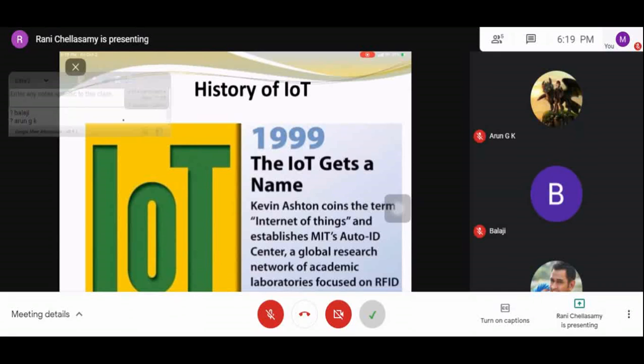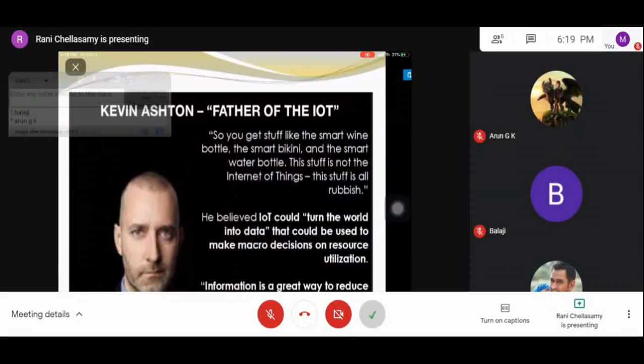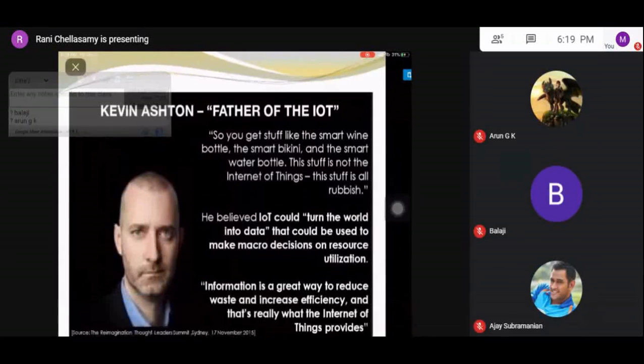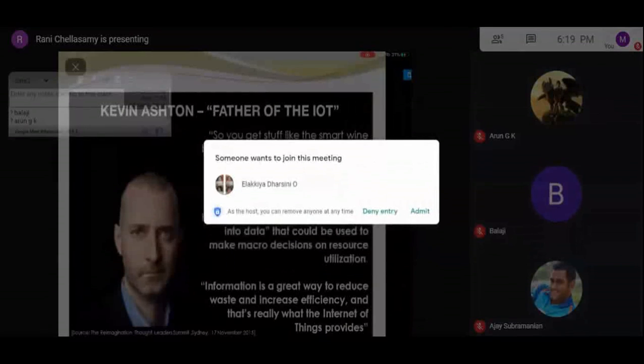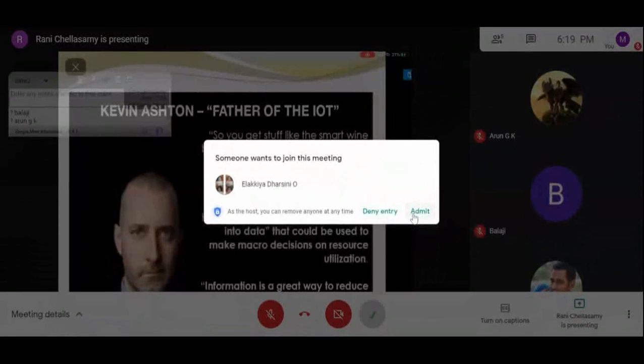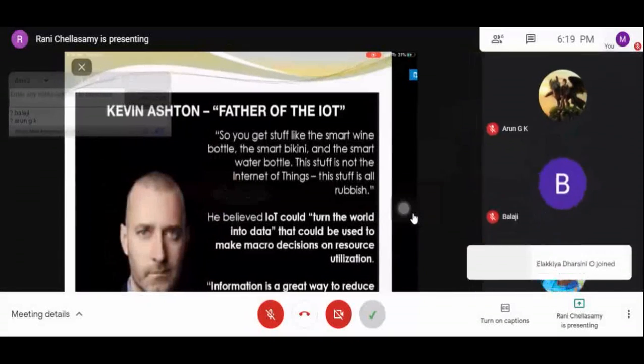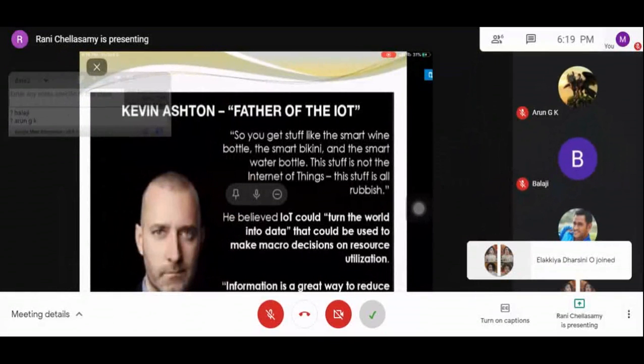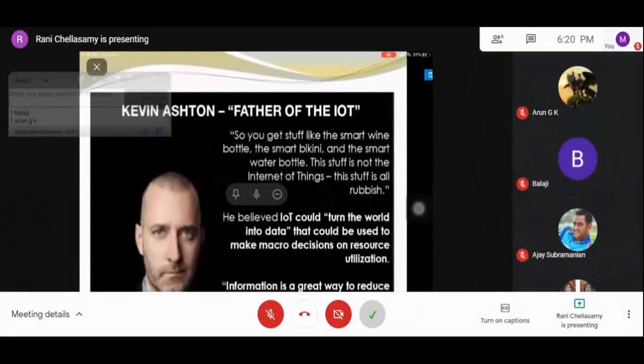We call Kevin Ashton the father of the Internet of Things. He believed that the IoT would turn the world into data that can be used to make many decisions on resource utilization. Information is a great way to reduce waste and increase efficiency, and that's really what the Internet of Things provides.